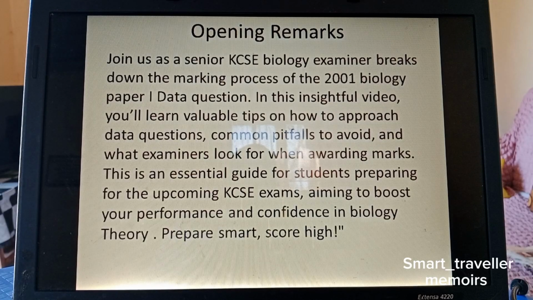This is an essential guide for students preparing for the upcoming KCSE examination or any other examination of that caliber in this world, aiming to boost your performance and confidence in biology theory. Prepare smart guys to score high.